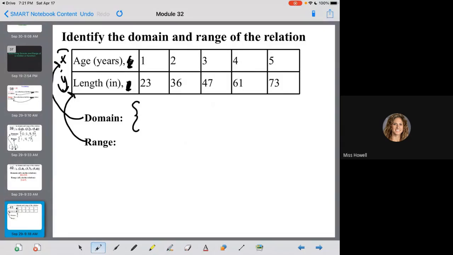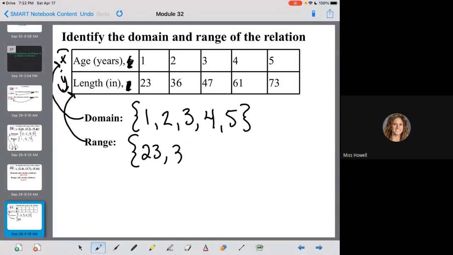So 1, 2, 3, 4, and 5 are our domain values of this particular function. And our range or our output values are 23, 36, 47, 61, and 73, right?